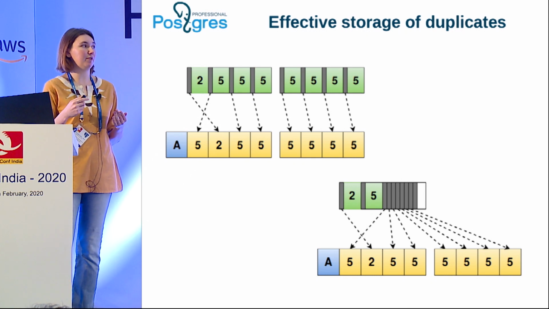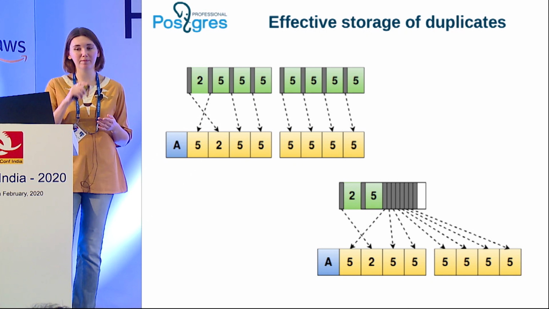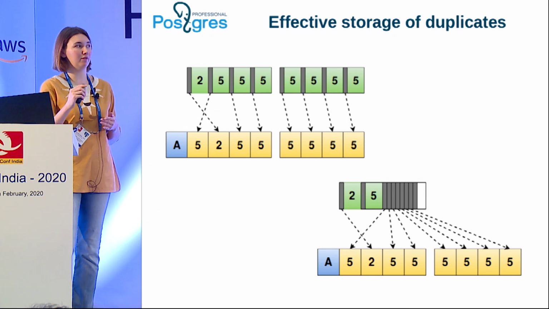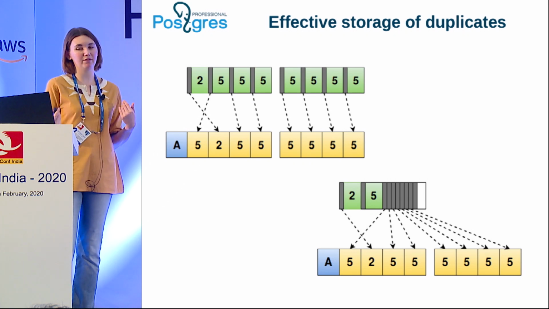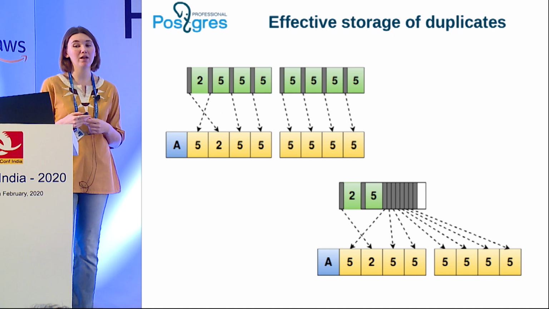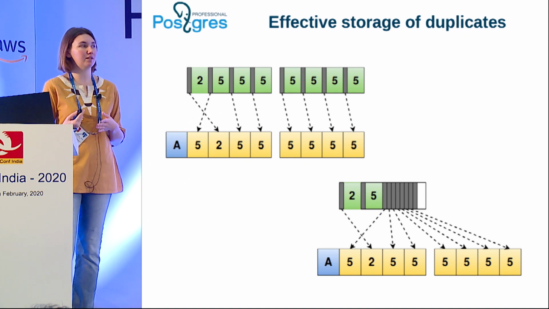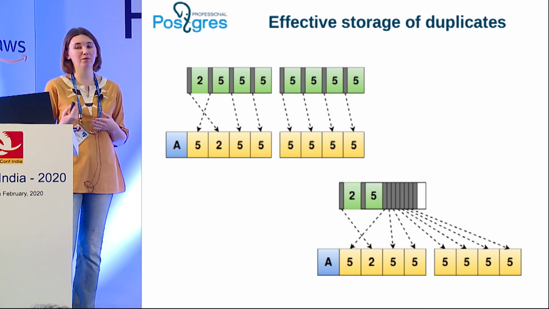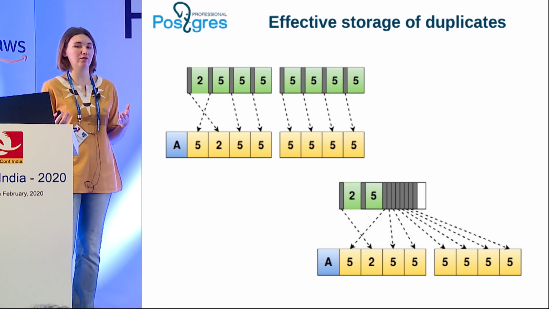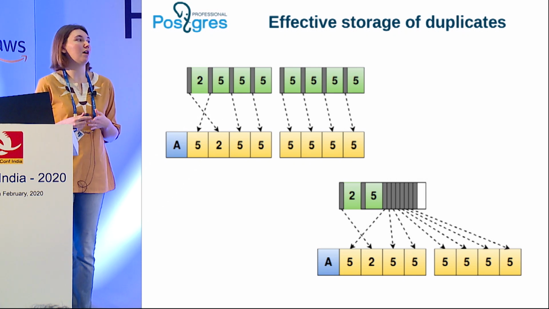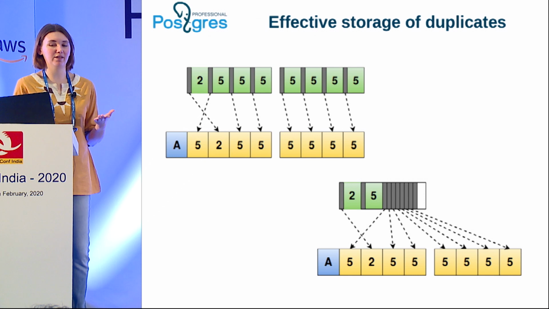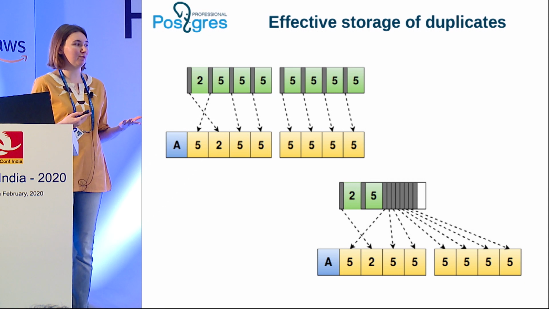So in this example, let's say we have very many duplicates of key 5, and we have to repeatedly store it, and it takes several pages even in this example. If we apply this posting list deduplication, we can just store the key once, and along with it, we can store all the pointers to heap, all the tuple identifiers. So that's it. The idea is super simple, and I think that everyone understands how it should work.